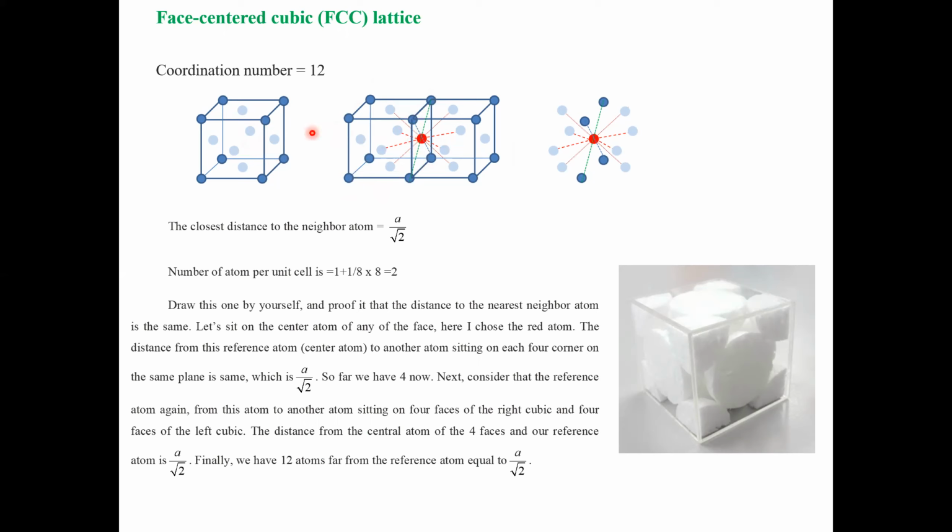Again, go here, right? So we look at the right box. So at the back of the right box, the front of the right box. So 4 plus 4 is 8 already.